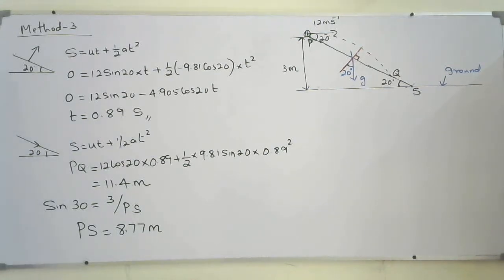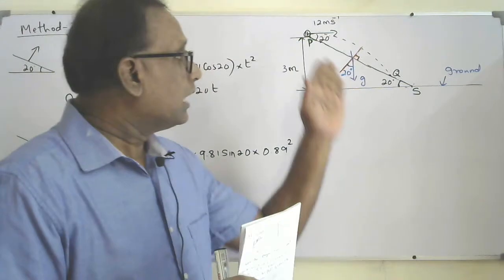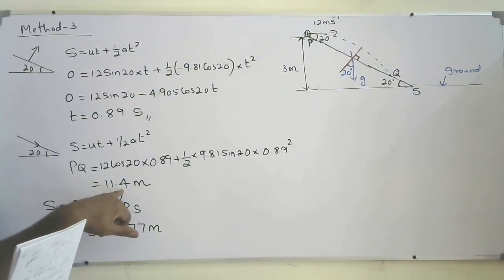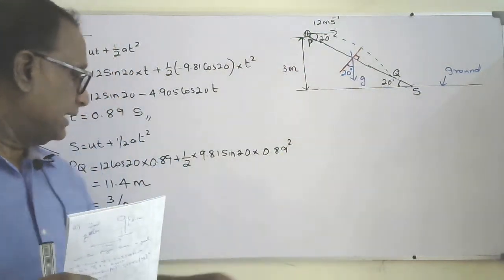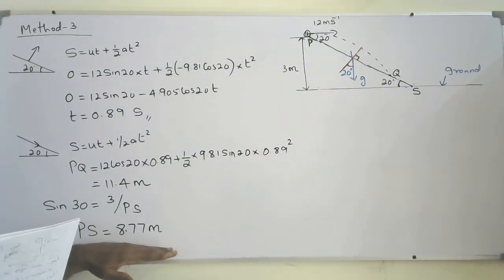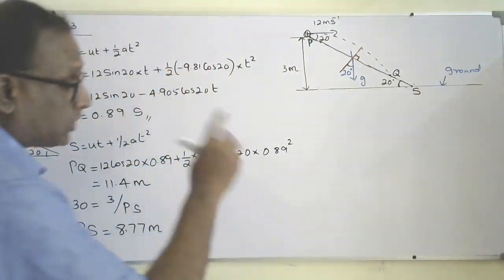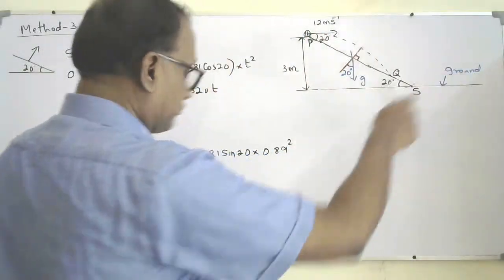That is smaller than the range of the ball along the slope down. The range along the slope down is 11.4 meters, but this length is 8.77 meters. That means the ball will hit the ground out of the slope.